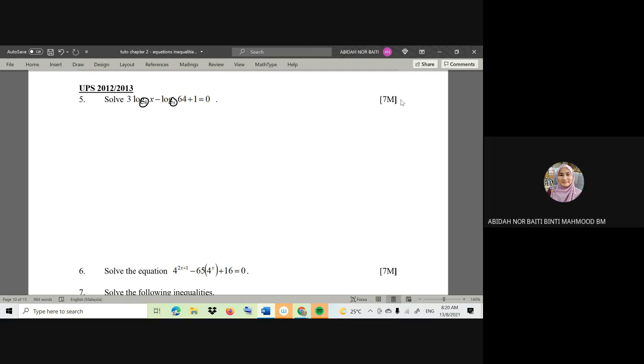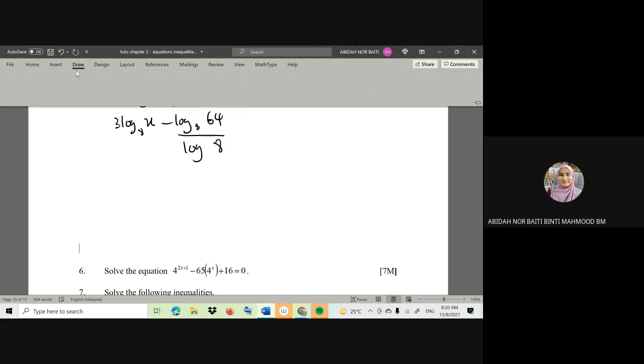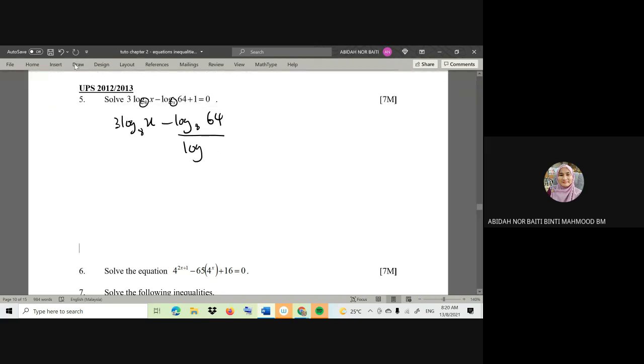Okay, so we use formula change base. So 3 log x base 8 minus log 64 base 8 over log x base 8 ya, log x base 8 plus 1 equal 0.